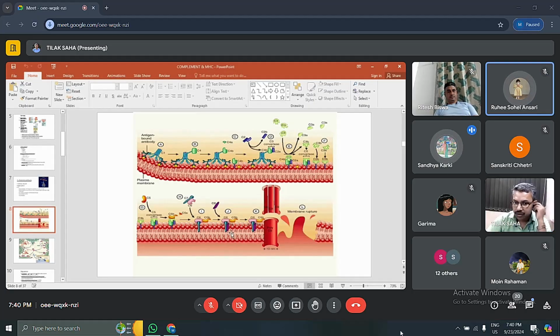Yes, sir. Okay, very nice. Now you can see here that certain portions of the C7 and C8 molecule can get engraved on the membrane. It is better to say it's a crane like thing, right?